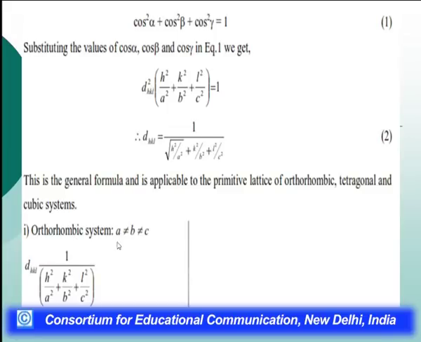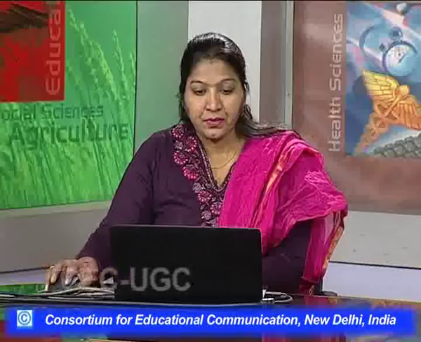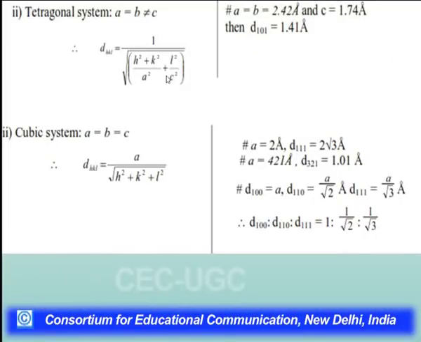For the orthorhombic system, we know that a is not equal to b is not equal to c. Then the interplanar spacing d_hkl is defined by 1 over the root of h square by a square plus k square by b square plus l square by c square. For the tetragonal system, a is equal to b is not equal to c, then we define d_hkl is equal to 1 by the root of h square plus k square by a square plus l square by c square.